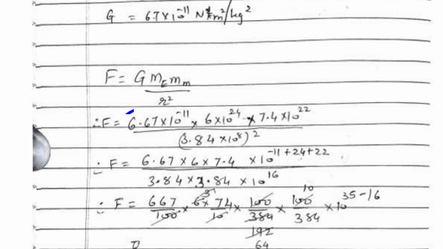So all this is written. And now coming to the exponential part of 10, 10 raised to minus 11 into 10 raised to 24. Then in addition, the law of indices: a raised to m into a raised to n is a raised to m plus n. So minus 11 plus 24 plus 22. And in the denominator, what will come? 8 squared. a raised to m, the whole raised to n is a raised to mn, so here 10 raised to 16 came.